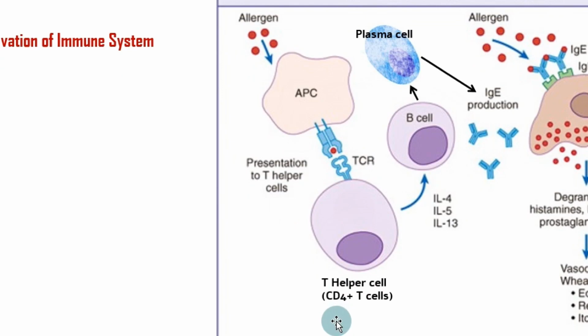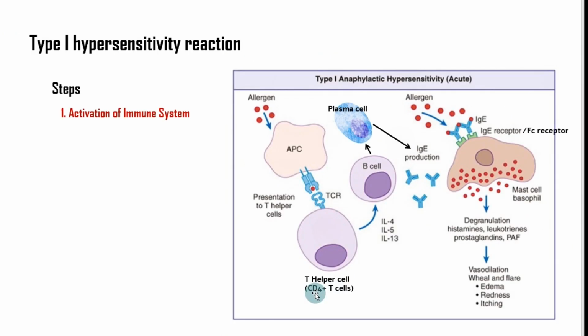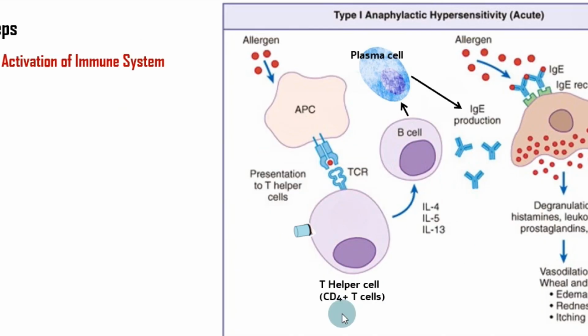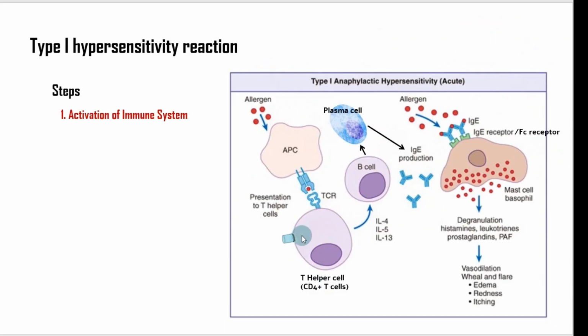Now, let me tell you why these T helper cells are also known as CD4 positive T cells. I assume you might have heard of CD4 positive cells before. Now, the question is why T helper cells are also known as CD4 positive T cells. The answer is that T helper cells have a specific marker or protein on their surface called CD4.